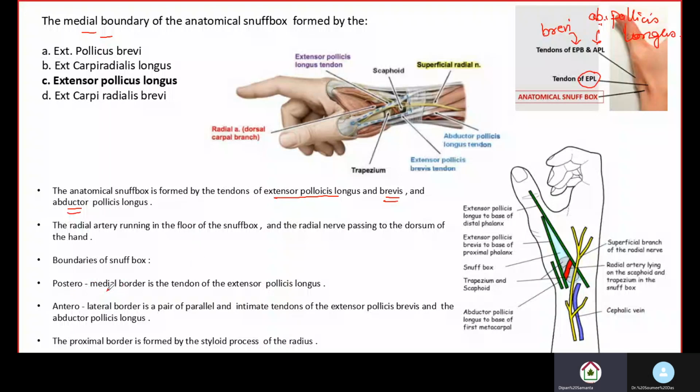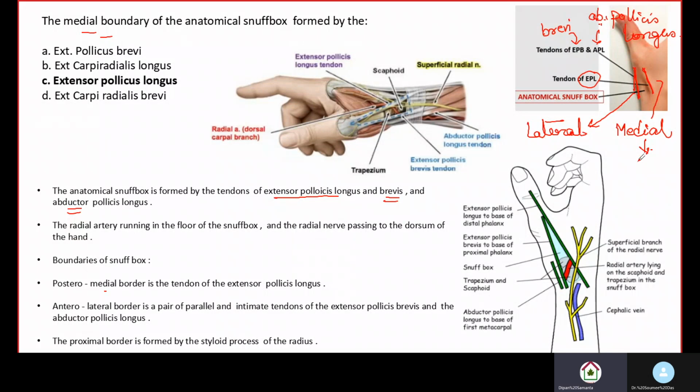The posterior boundary, the medial border. Just imagine the hand in the normal anatomical position, then this boundary will be the medial boundary, and this boundary is the lateral boundary.